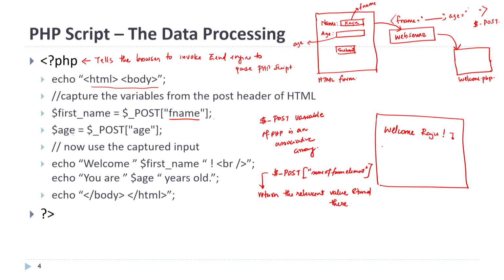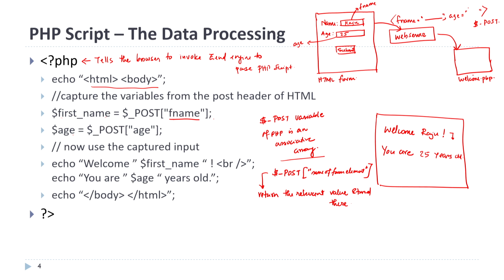The next line will say "you are" and then it will print the age. Let us say I put the age as 25. So, we will put 25, then it will print "years old", and that is it. So, this captured the value of the form elements, Raju and the age, whatever is typed, with the help of the web server using the dedicated variable $_POST, which is an associative array as I said, and then it transferred it into the PHP script.